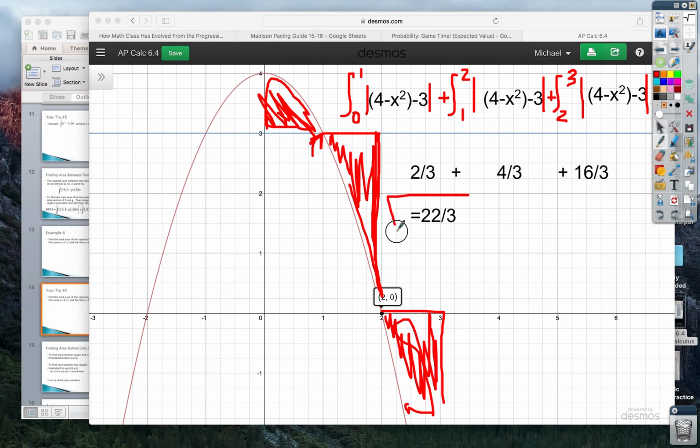So when we integrate these 3 sections, you get 22/3. Now I've shown you how to do this on your calculator, so that's another option for you, but you really want to make sure you're doing this by hand and checking with a calculator, because you're not always going to have a calculator there with you.